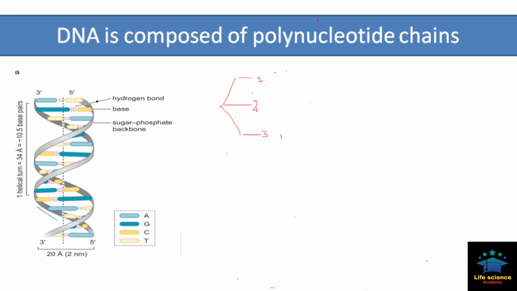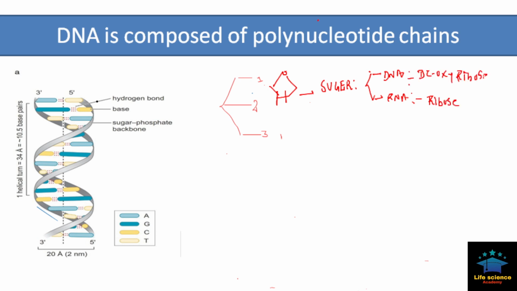So first we will have to characterize these features. This will be the sugar. Sugar molecules are required to make DNA and RNA. In case of RNA, there will be the ribose sugar, and in case of DNA, deoxyribose sugar.